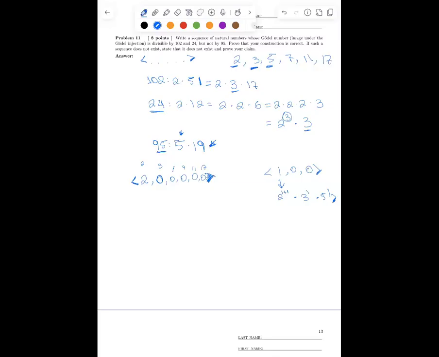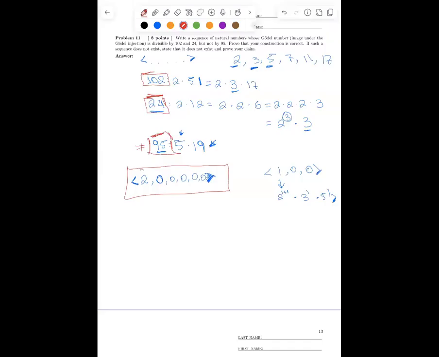So I will start once I reach 1 before. So my final answer for my sequence is this part here. And we also proved that it can be divisible by 102 and it can be divisible by 24, but it cannot be divisible by 95.